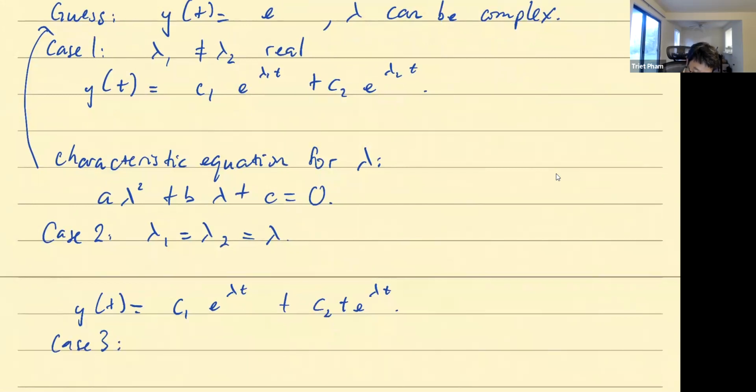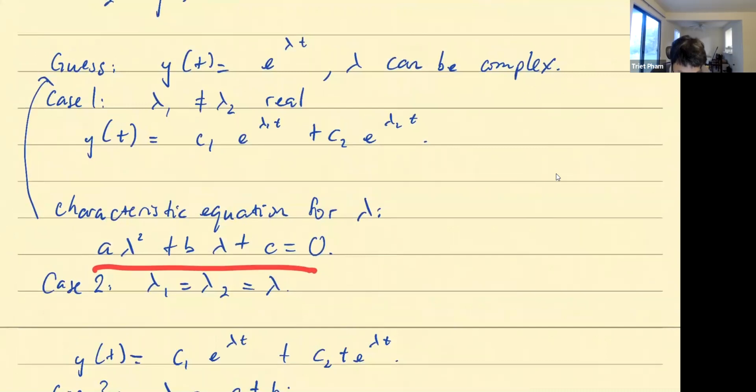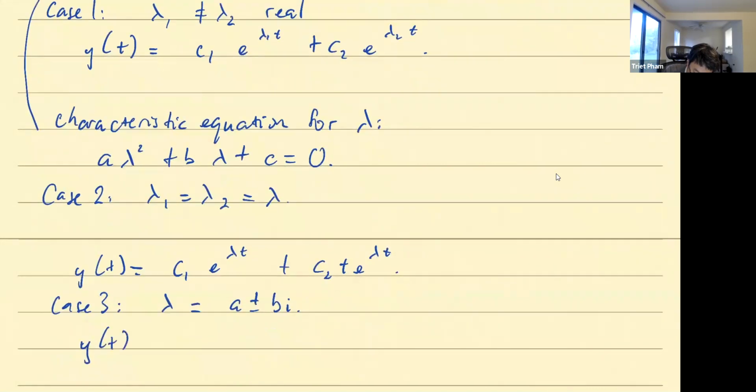Usually, when you see this equation having a negative discriminant, you say there's no solution, meaning no real solution. But because of Euler's formula, we do allow the root to be complex here. In that case, the complex root will lead to a sine cosine solution. It's going to be e to the at times c1 cosine bt plus c2 sine bt.